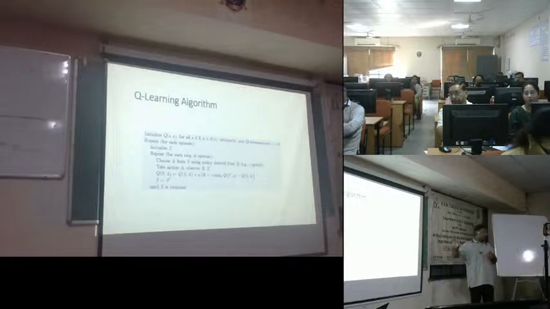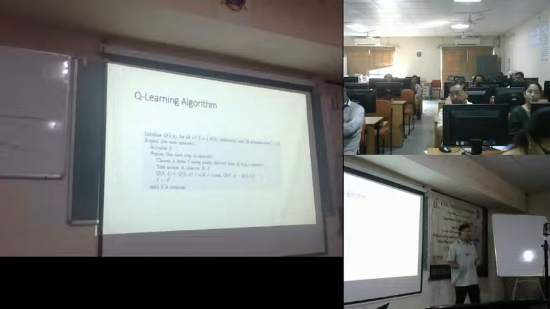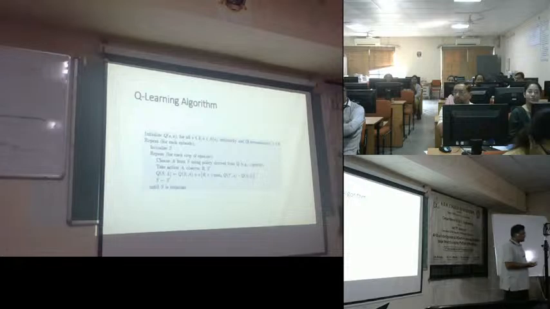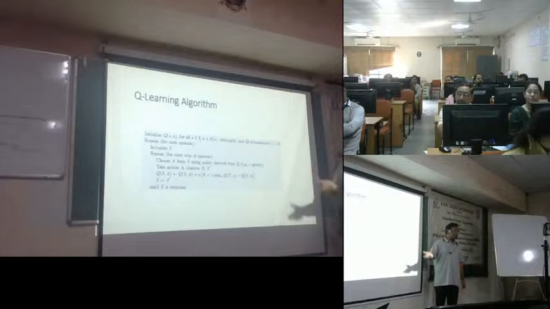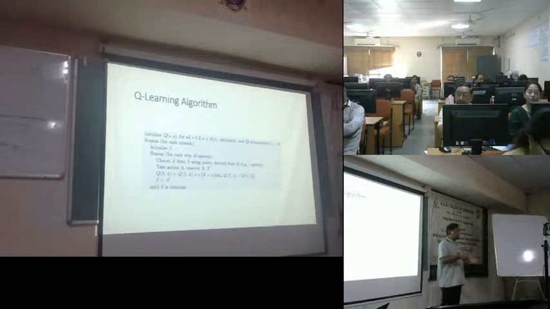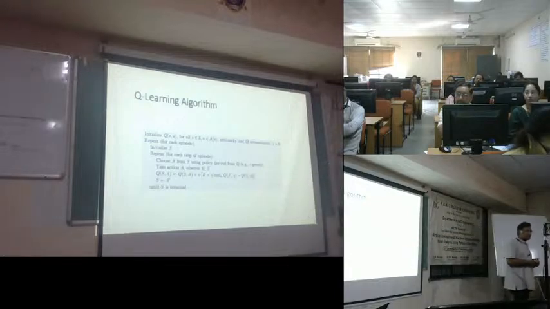Again, I'm telling you this is an approximation. The first approximation is that there is no history, so we are actually discounting a lot of things. The second approximation is that we are able to find an optimal policy which is the best policy. The third approximation is that the Q table is the best way to find that optimal policy. And the fourth approximation is that this Q table can be found using iteration.